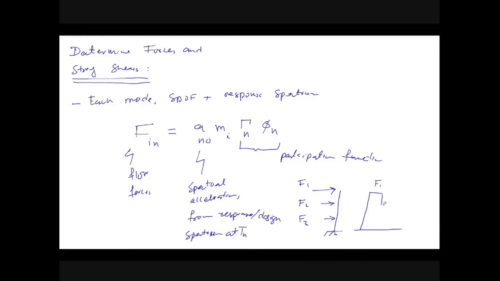But as you move to the second floor, it becomes F1 plus F2. And if you go to the last floor, it becomes F1 plus F2 plus F3. So once you have the floor forces, you can just keep summing as you move up the building, and calculate the story shear at every story level.